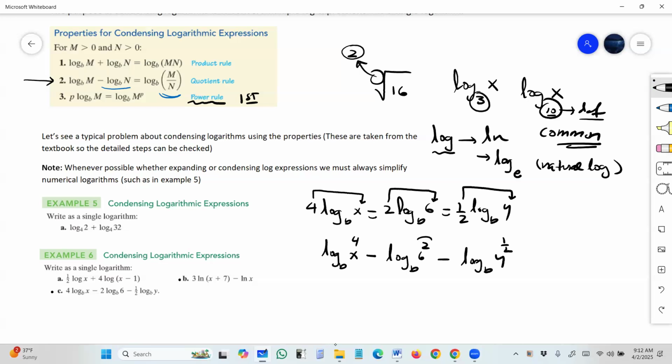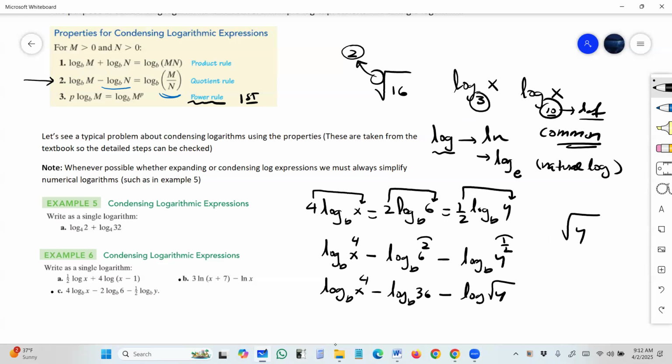Now 6 squared is 36, and y to the 1/2, as you probably already know, is the square root of y. So my second line would be log base b of x to the 4th minus log base b of 36 minus log base b of square root of y.